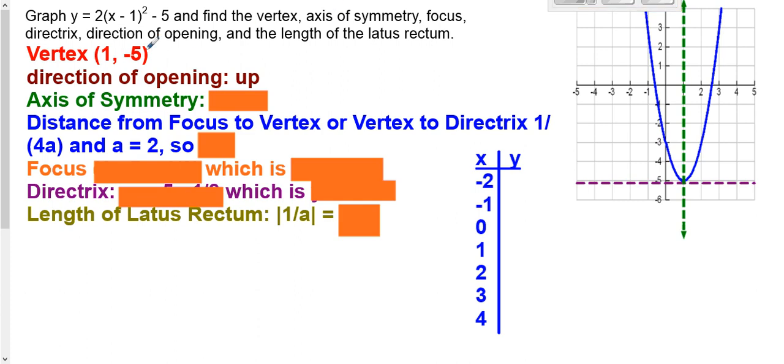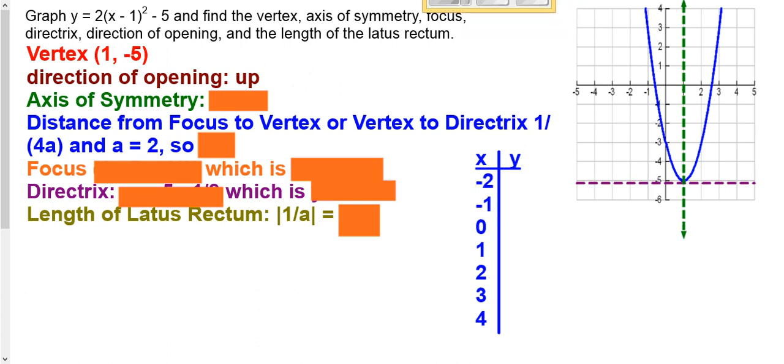Now, we're concerned about the x's because we have our x-coordinate here. We know we're opening up and down. We can then go ahead and plug stuff in for this x right here. So I'm going to put down the x-coordinate of my vertex right there. Choose 3 numbers on each side. And then all I have to do then is just plug those into my original problem. Figure out the y values and plot those points.